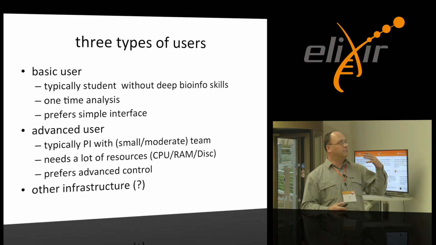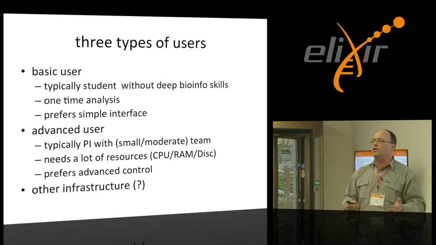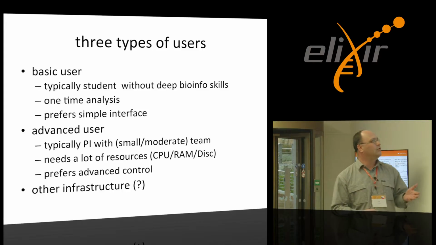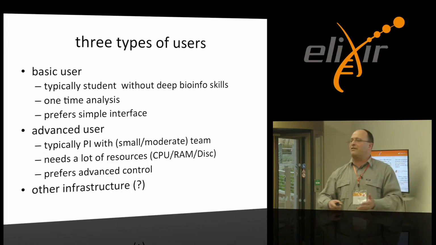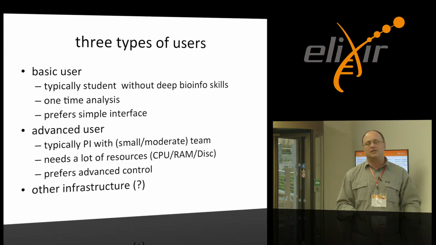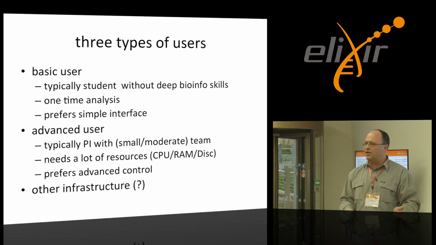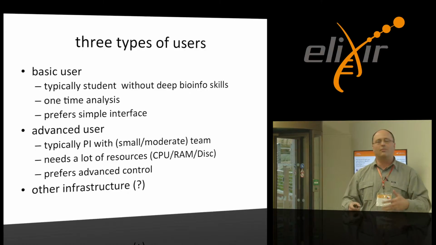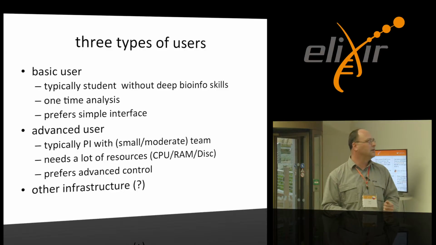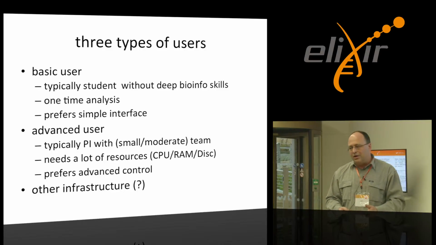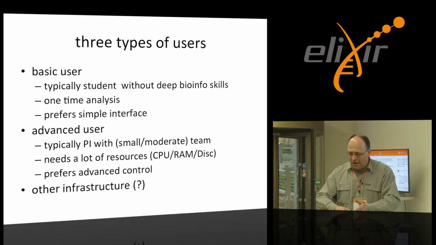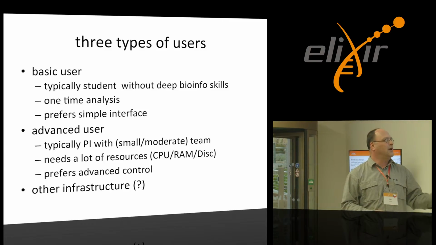Then we have the advanced user, which are people who usually have a grant, so they are principal investigators. They have a small or moderate team, and they need a lot of resources, either CPU or RAM or disk or everything together. And usually they are doing something which is not out of the box, so they need advanced control.